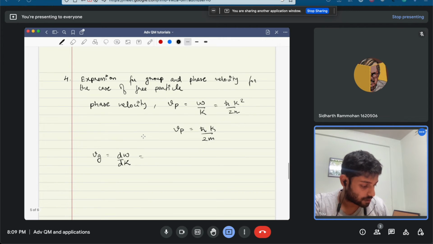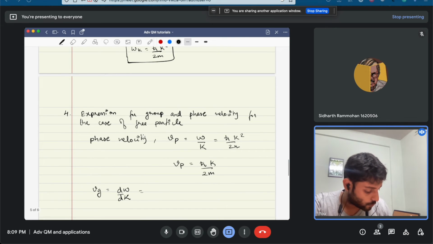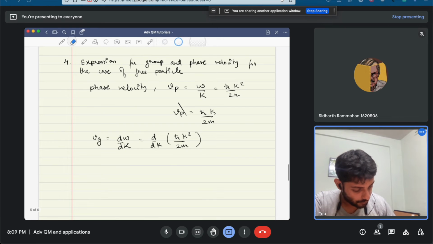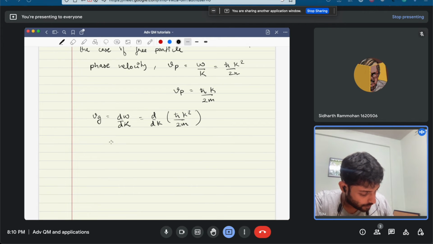So this problem turns out to be pretty simple. We have h bar k square by 2m, and we take the derivative, we end up with getting 2 h bar k by 2m, that is h bar k by m.